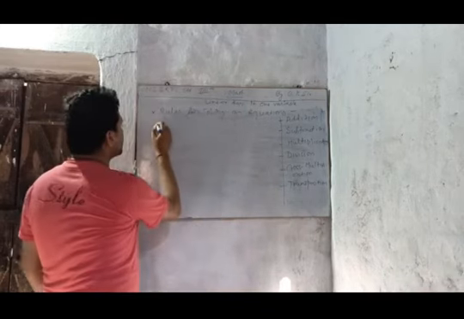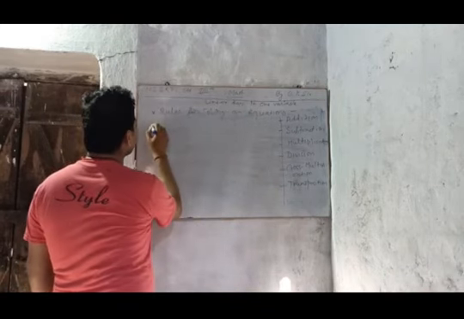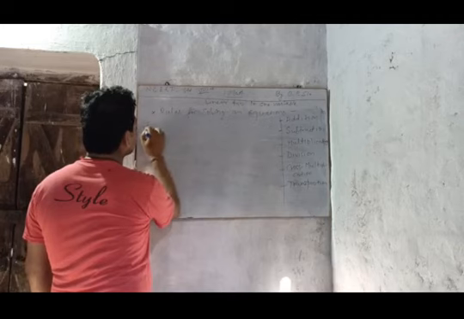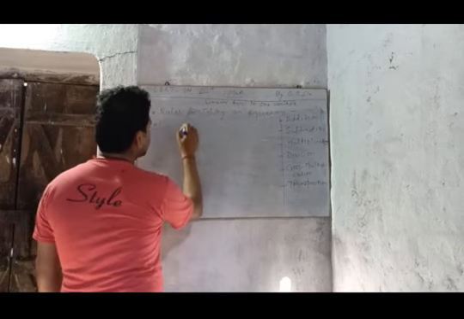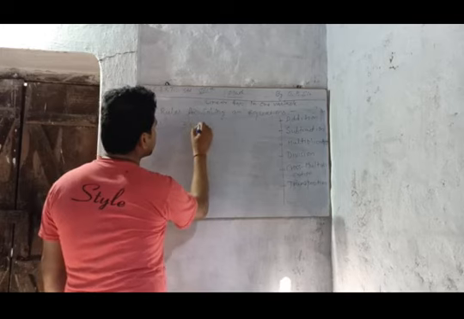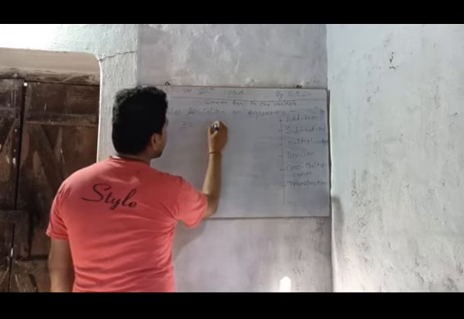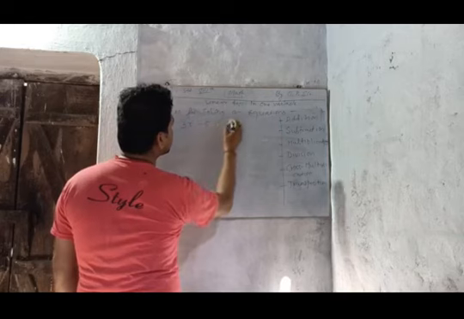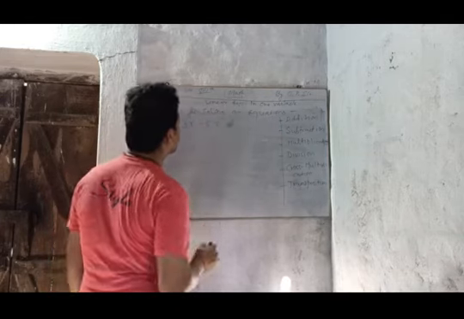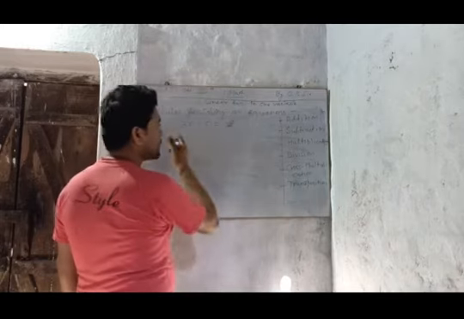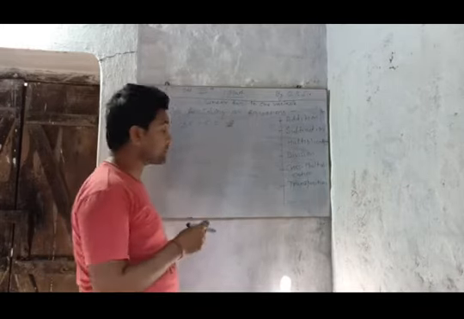Suppose I am going to take one example. Example 1: we have to find the value of the variable for the equation 3x minus 5 is equal to 9.